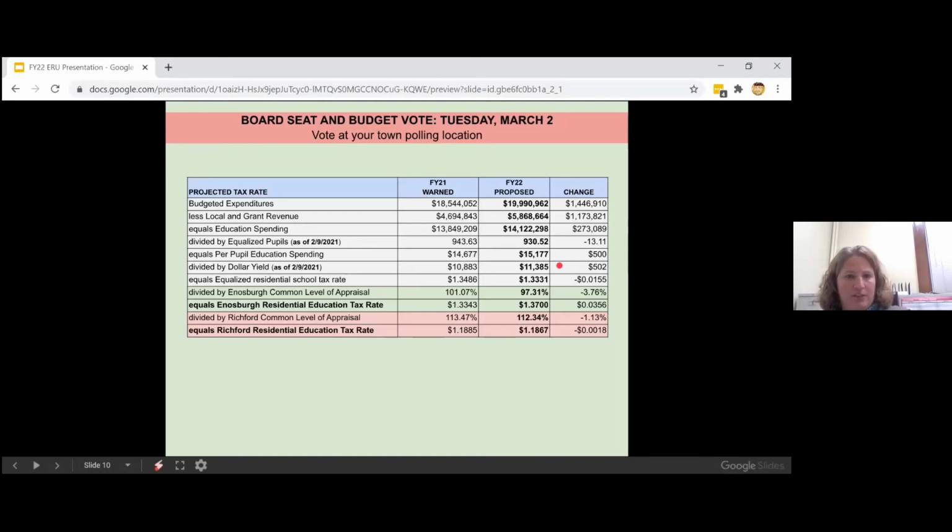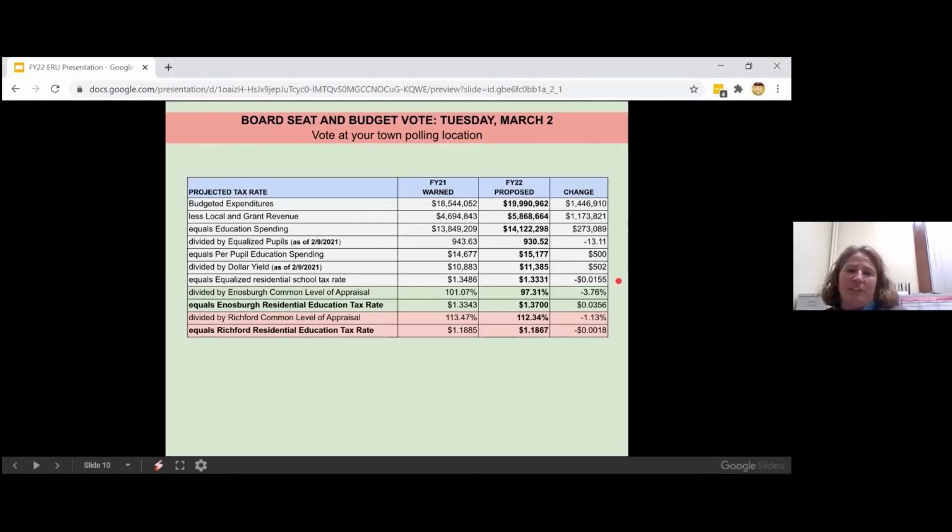Then this equals our residential school tax rate, which you can see is down a penny from last year's budget. If that was the end of it, we would be really good, right? We're down a penny from last year.